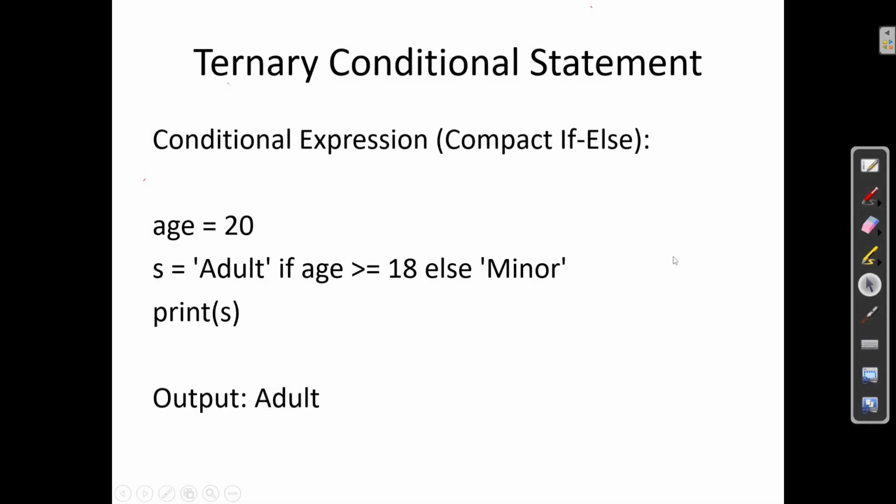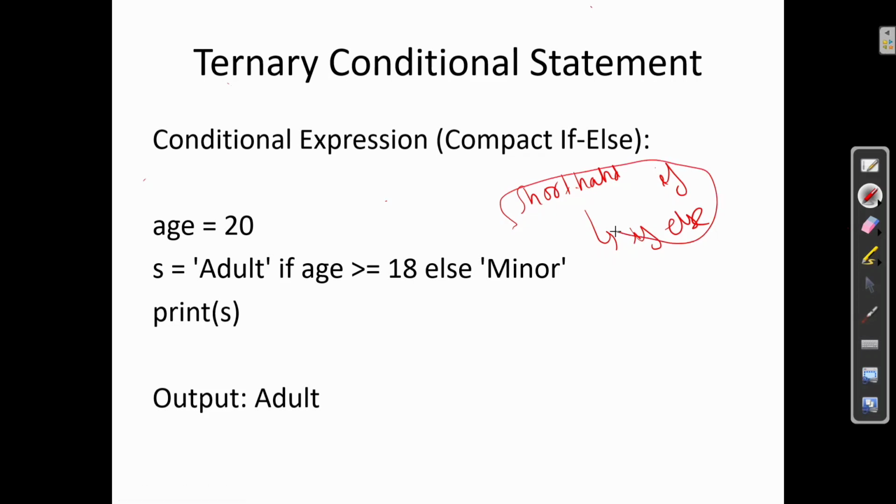Next is the ternary conditional statement. What is a ternary conditional statement? It is a compact way of writing an if else condition in a single line. It is sometimes called a conditional expression. I told you about shorthand if and shorthand if else, and all these shorthand conditions we can call ternary conditions.